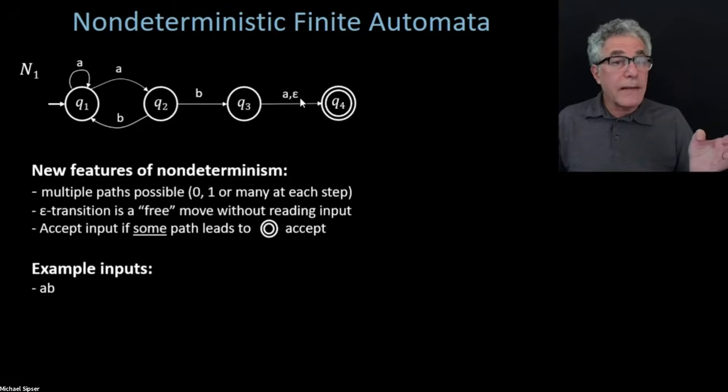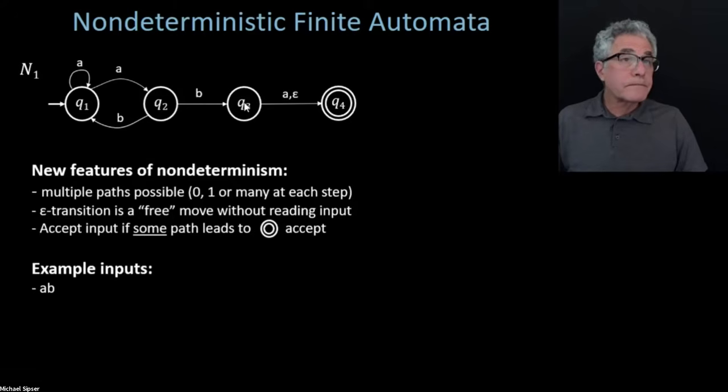There's an A and an empty string symbol. Now on an A, the machine would have to read an A in order to transition along that arrow. But when there's an empty symbol on the arrow, that means the machine can go along that arrow for free, without even reading anything. As long as it gets to Q3, it can automatically jump to Q4.